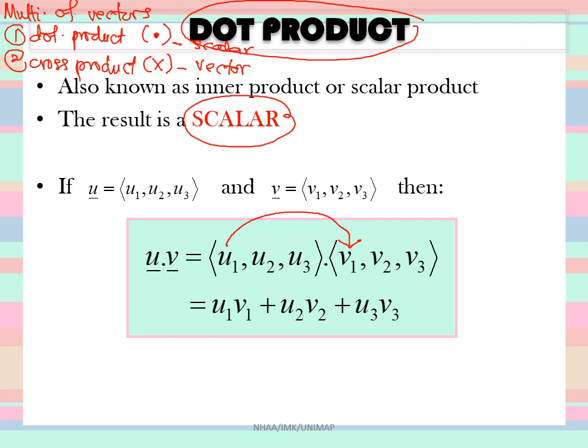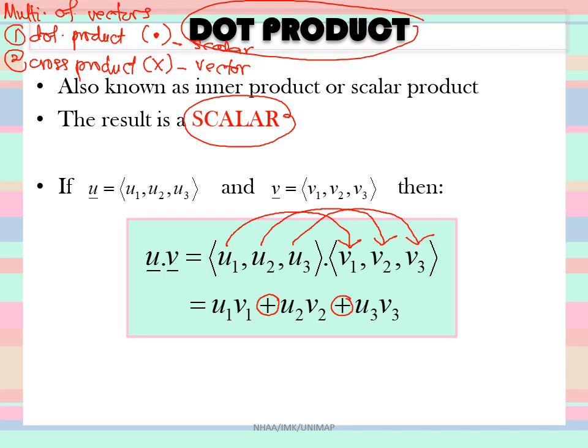Multiply them, and then plus the multiplication of the second component, u2 multiply with v2, and then plus the multiplication of u3 with v3.